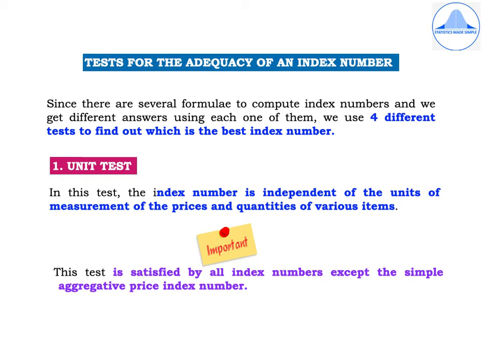The first test we are going to discuss is called the unit test. In this test, the index number is independent of the units of measurement of the prices and quantities of various items.